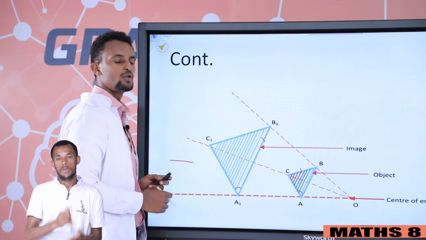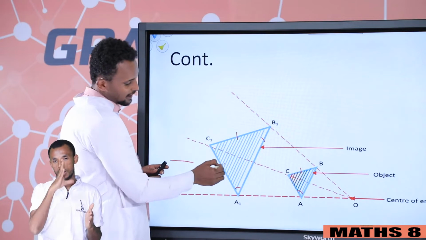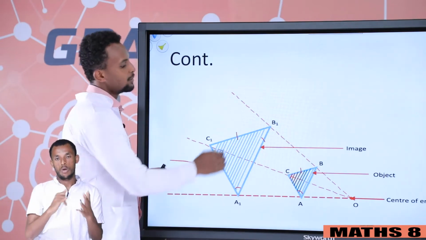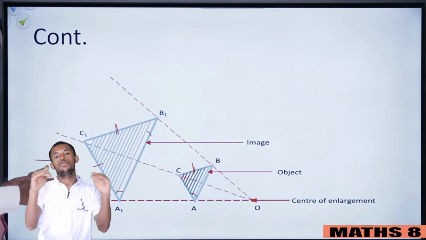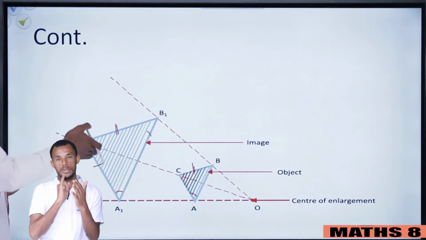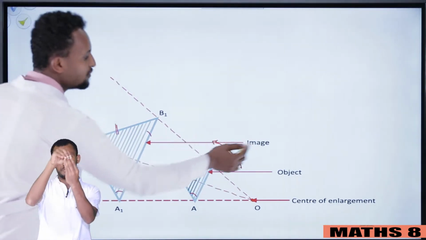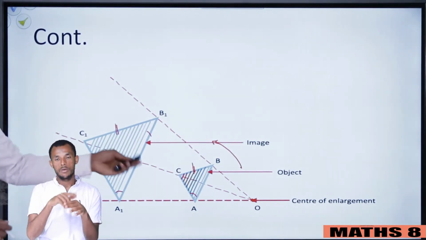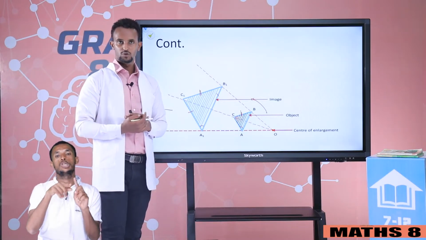That means the angle will not be changed at all. And this side and these sides are increasing with the same ratio, because this line and this line are proportional. If the object figure is changed to an image figure that is greater than the object figure, this kind of enlargement is called a positive enlargement.